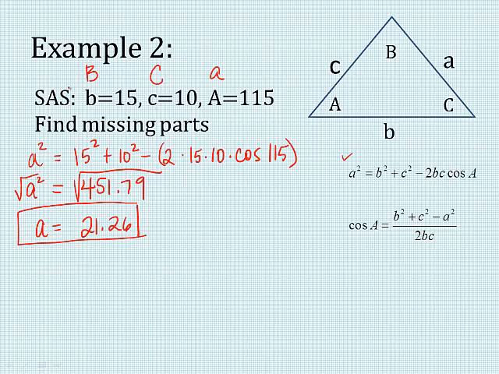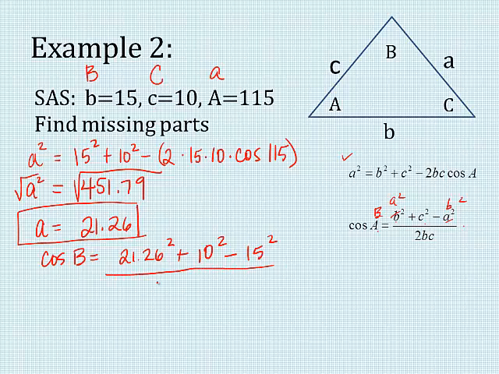Now I need to find big B or big C. Well, look at your equation here. You have to have all three sides in order to find an angle, so I had to do a first. Now I can solve for any of these angles. So I'm going to do cosine of B. That's going to equal, I'm just switching out my letters, a squared, well a is 21.26 squared, plus c squared, minus b squared, all of that over 2 times a times c.